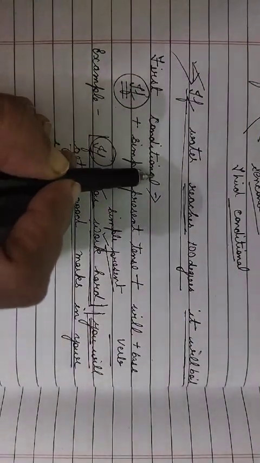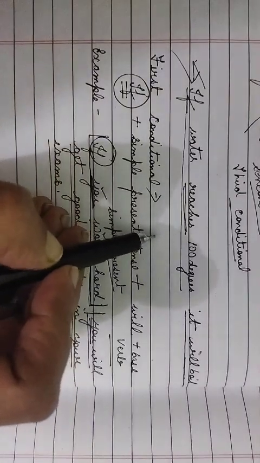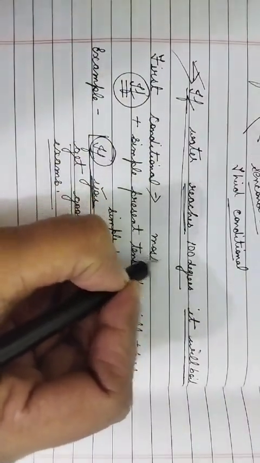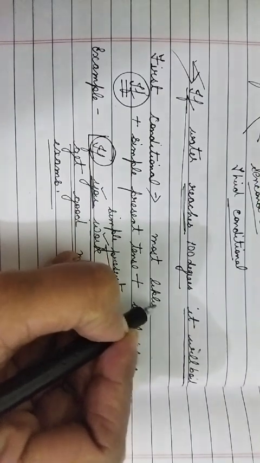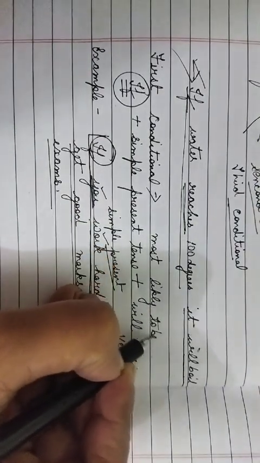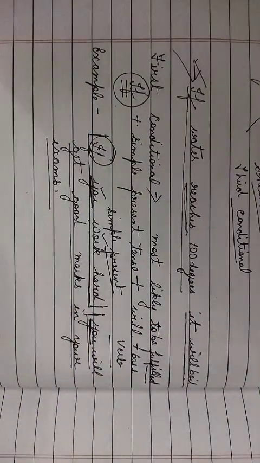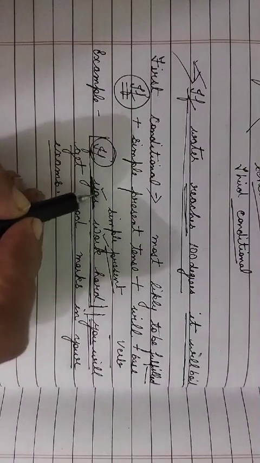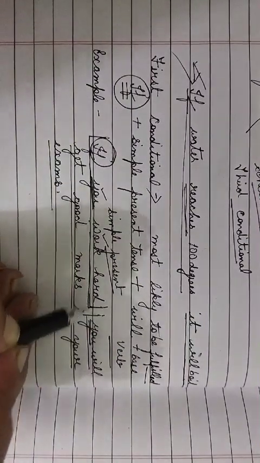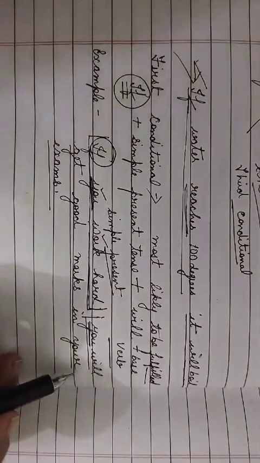The first conditional clause depicts situations which are most likely to be fulfilled. You have the subordinate clause starting with if, and that subordinate clause is in simple present tense.